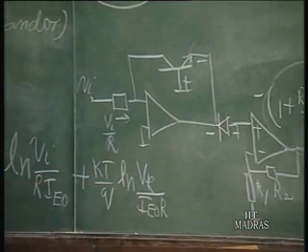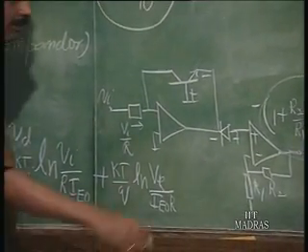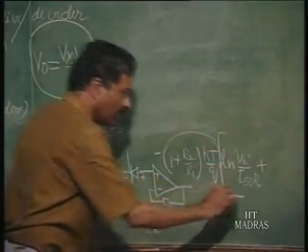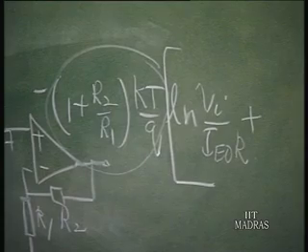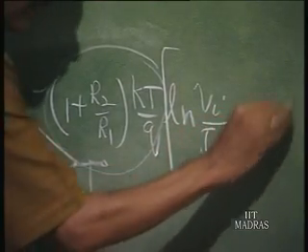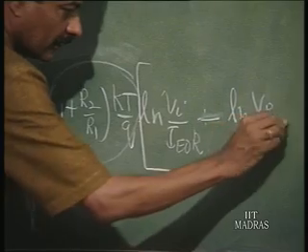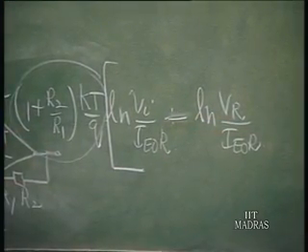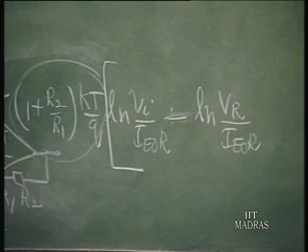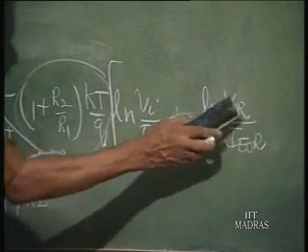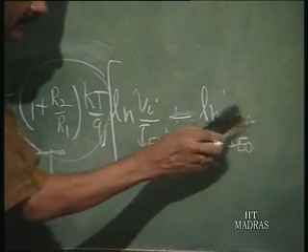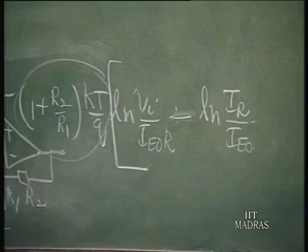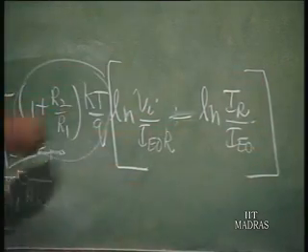So, that means this is negative and this is positive voltage here added. If I do that, what will happen to this voltage now? Whole thing will become multiplied by 1 plus R2 by R1, this into log V I by I E naught R minus log V R by I E naught R. This is a constant current, V R by R, we will call it I R. So, what happens to this now?